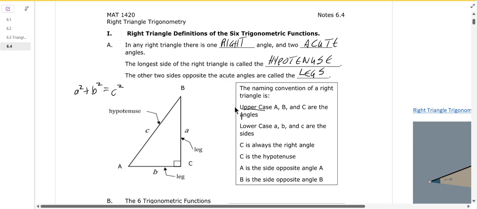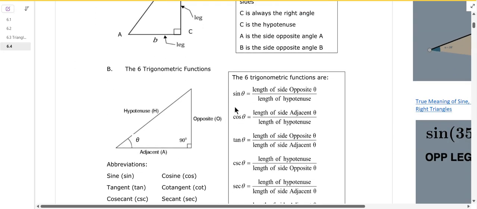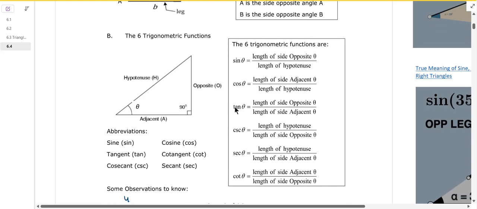So it turns out that if you matched up a ratio of two sides in a triangle, there's 6 ways to do it. So there are 6 trig functions that we define, and they're defined by these ratios. The sine of theta, theta being an angle, and this is going to be one of those acute angles in the triangle, is defined to be the length of the side opposite over the length of the hypotenuse.